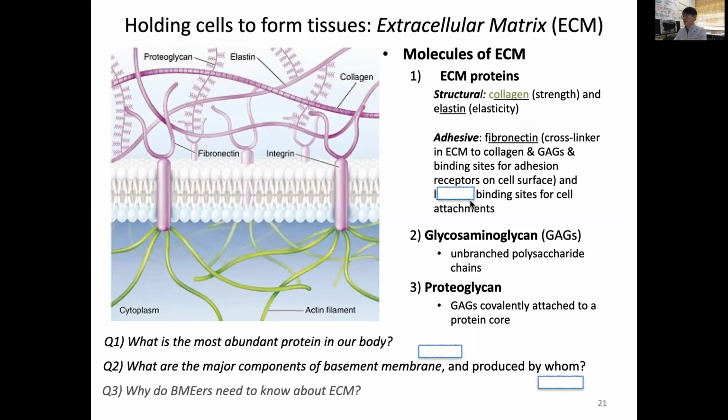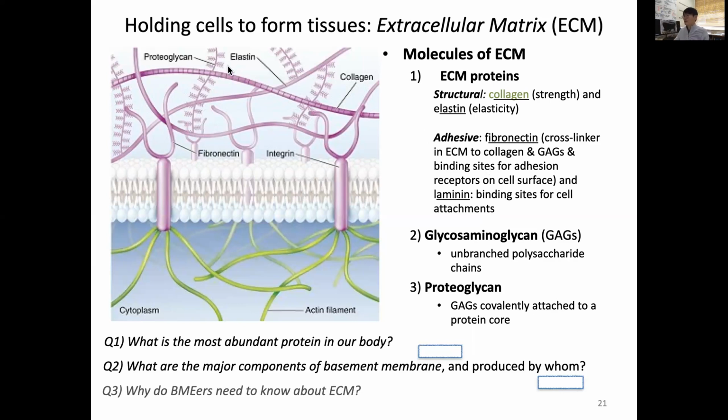Or sometimes there is a laminin molecule, which is a binding site for cell attachment. So during some cell culture, some special cells may not grow well on the protein surface of your Petri dish, and sometimes we coat the surface with laminin or fibronectin so that the cells can attach better.